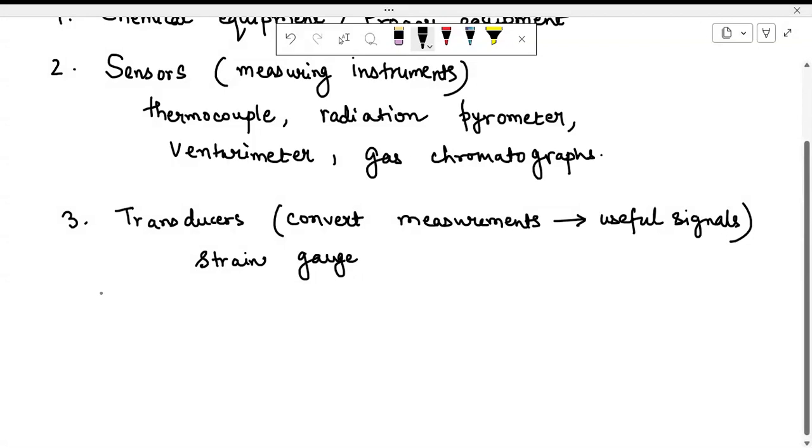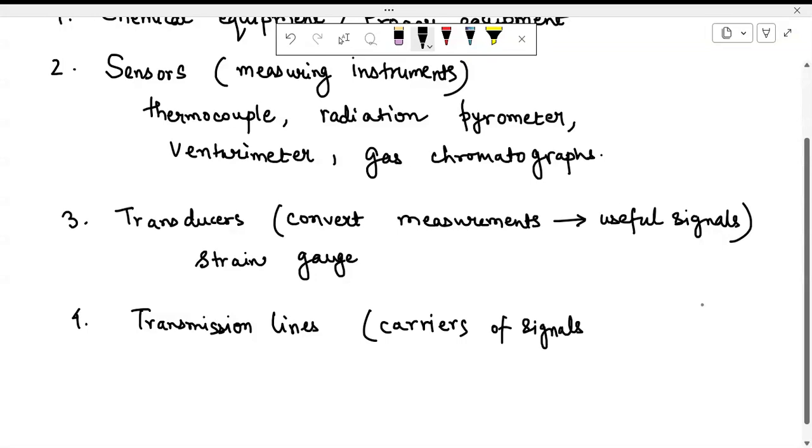Now that you have measured and you have converted the actual signal, say a pressure signal, to the useful electrical or pneumatic signal, now it is time to transmit the signal. So you require transmission lines. So what are these transmission lines? They basically carry, so you can call them carriers of signals.